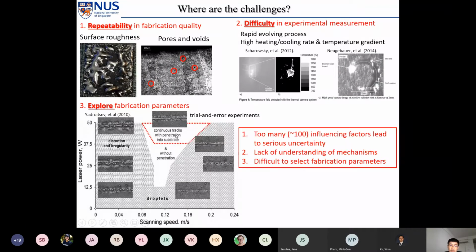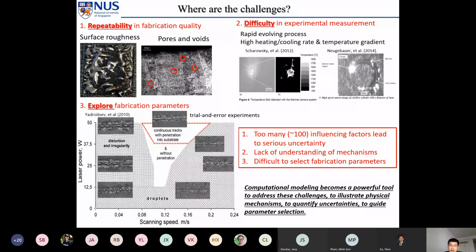The underlying reason, I think, is that there are too many influencing factors and a lack of understanding of the physical mechanisms. We also need to find a smart and rapid way to select and optimize the fabrication parameters. I think computational modeling can be a powerful tool to address all these challenges.